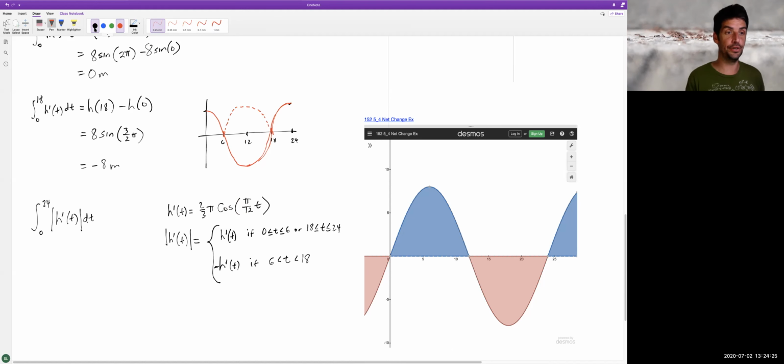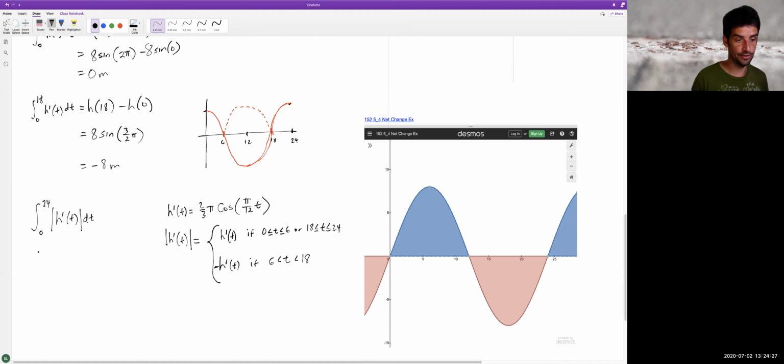And so to compute this integral, we have to split up the integral into 3 different integrals, because they're different functions on each of these intervals.